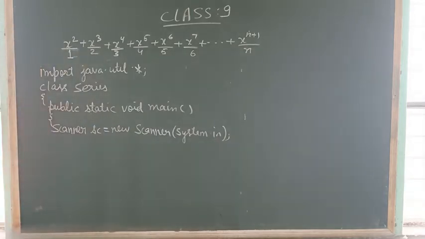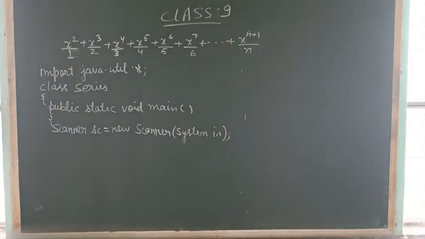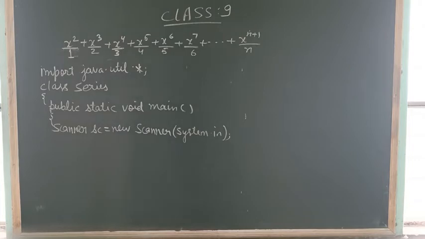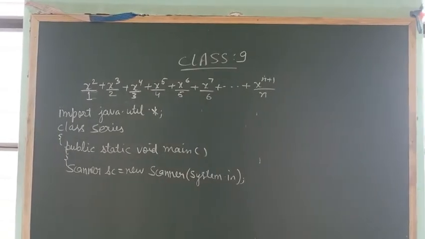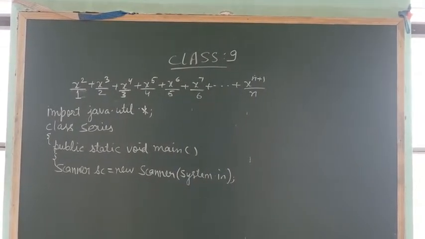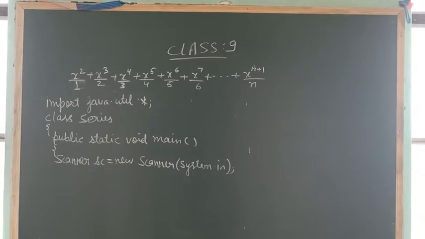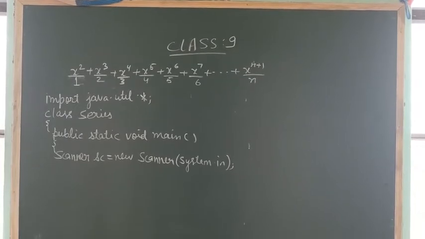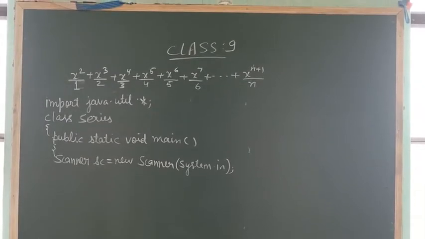Okay, afterwards we have to take one variable from the user, so we will give a message to take the value of n from the user. So we are going to take our variable n from the user.